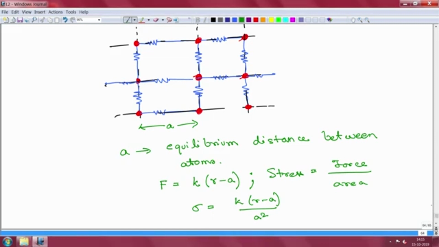But what is the corresponding strain? So, the strain here, or epsilon, let us say, is (r minus a) by a, right. So, let us say this is some kind of tensile stress, and this is your tensile strain.